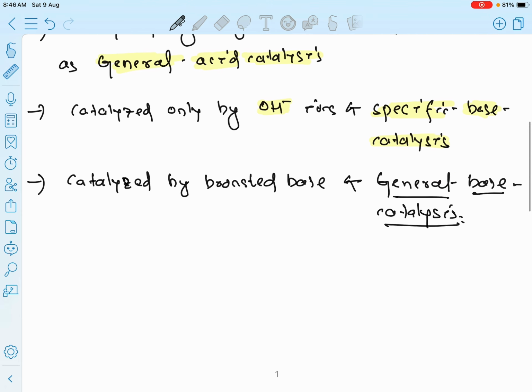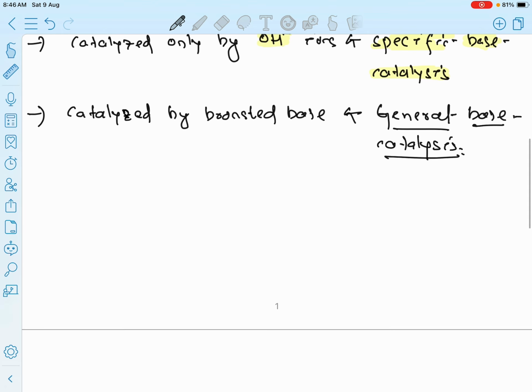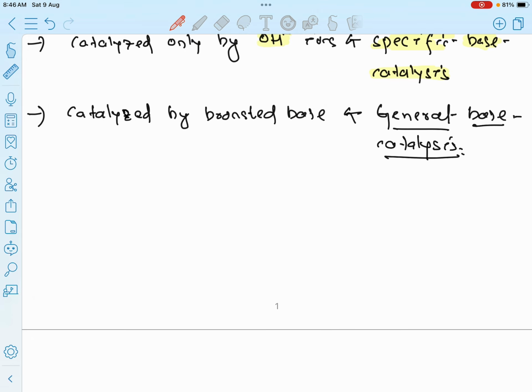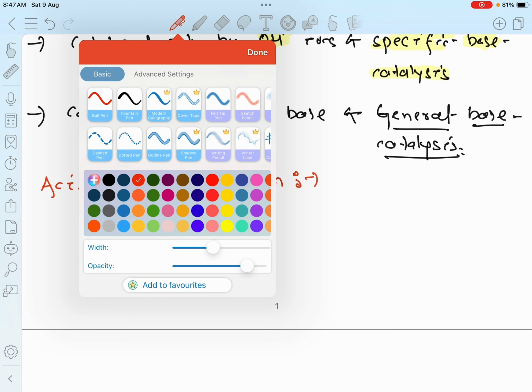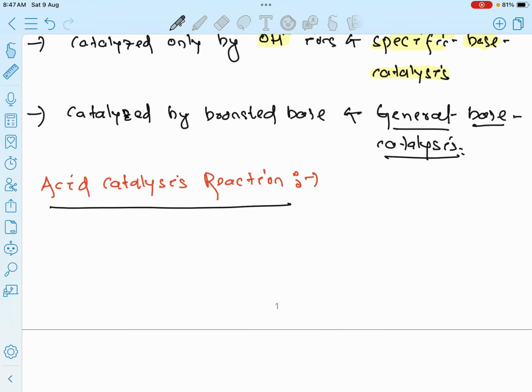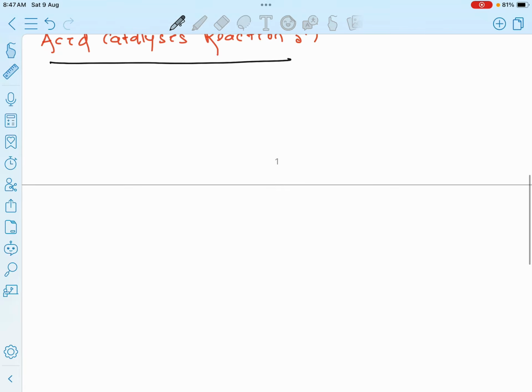So at first we will study about the acid catalysis reaction. I will start this topic with an example. So let us consider one of the examples.